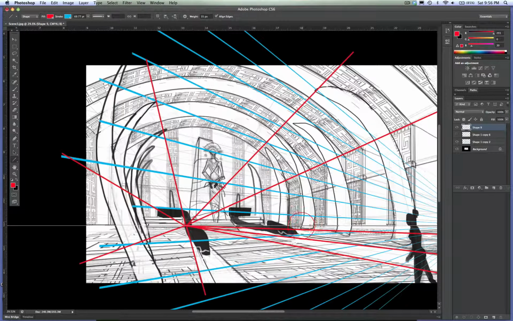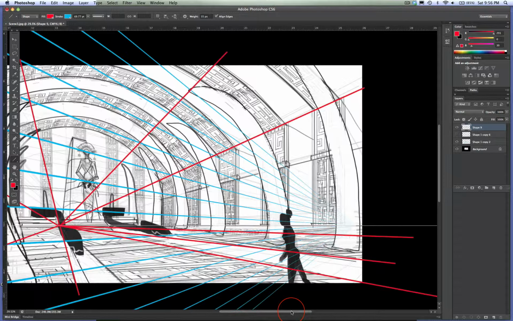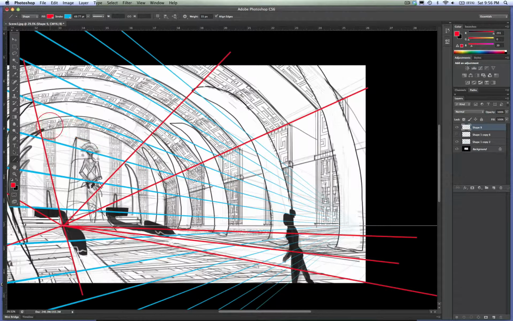So just having a second look at the blue lines here. I'm going to pull them over to the right.